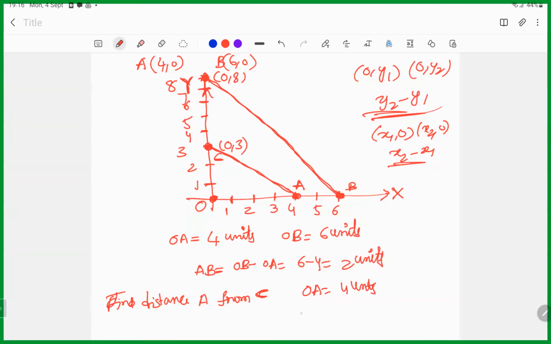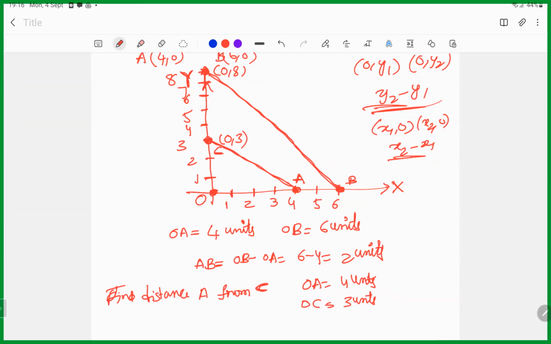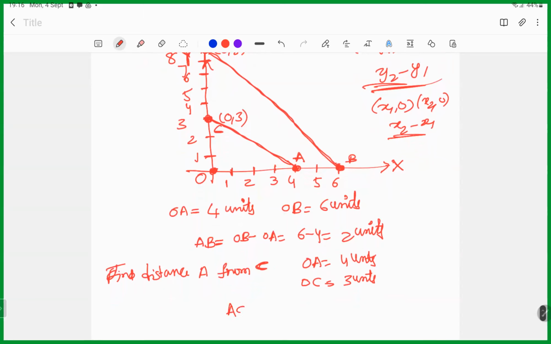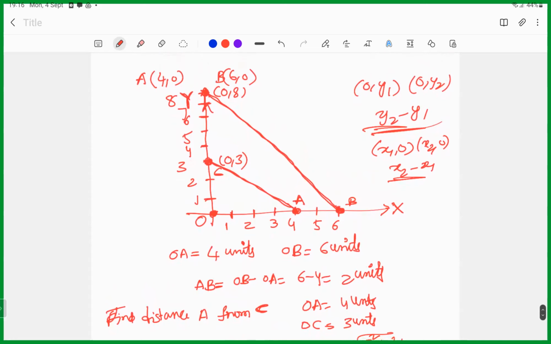OC is 3 units. So AC will be, by using the Pythagoras theorem, the square root of OA squared plus OC squared, 3 squared plus 4 squared, equal to 5. Similarly, you can find the distance from B to D. How can you find the distance BD equal to?